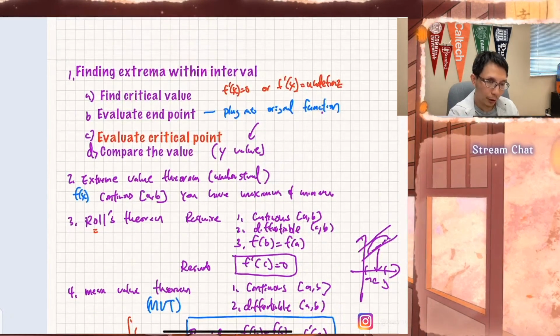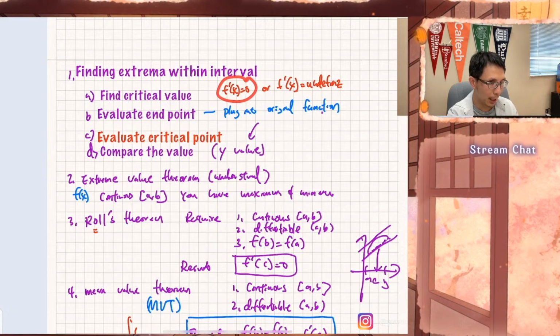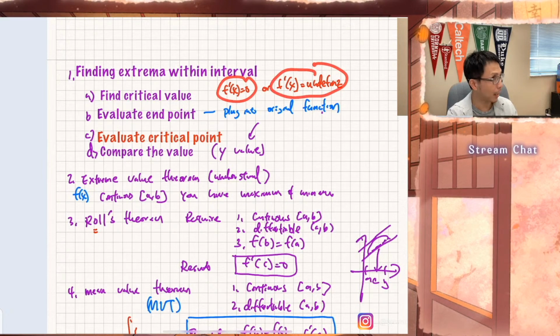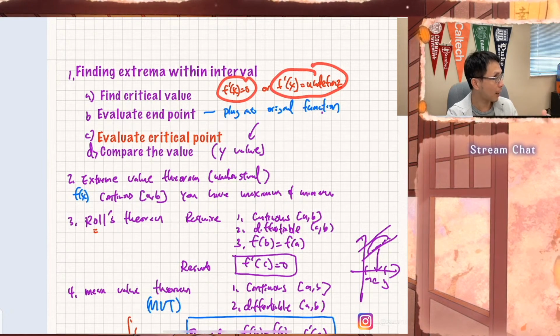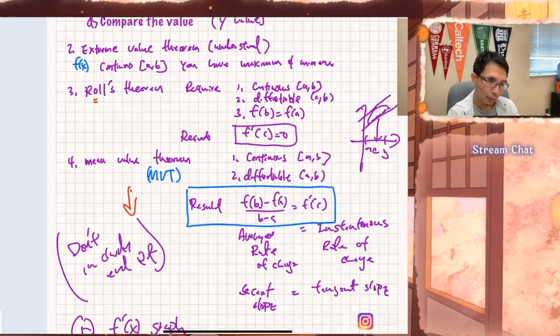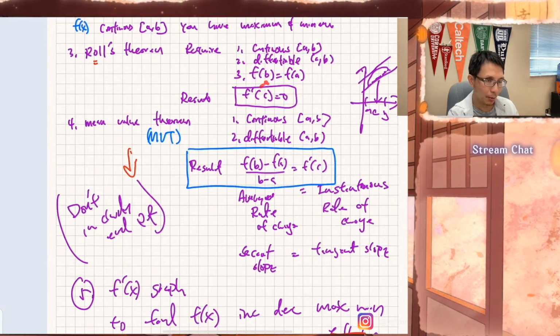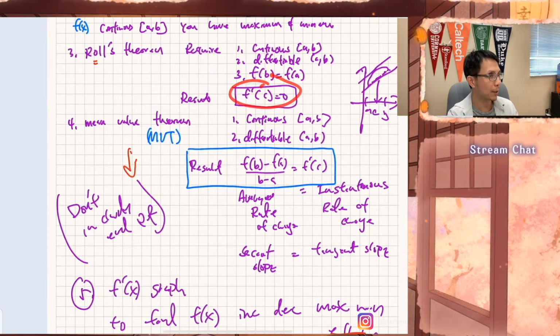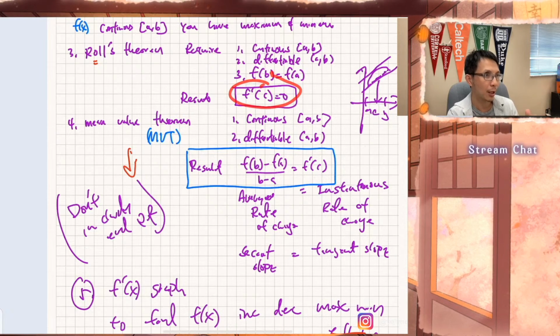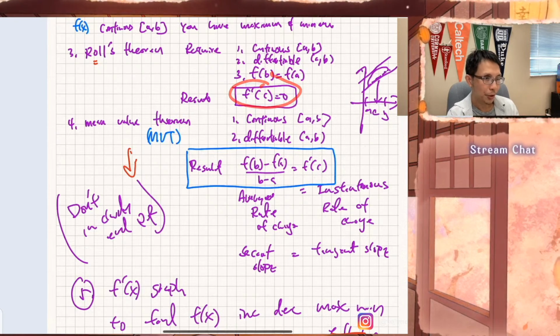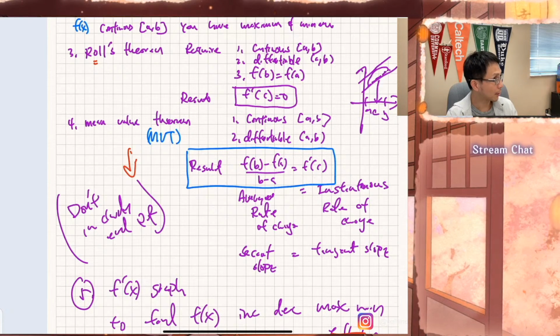So remember, critical value can be F prime of X equal to 0 or F prime of X equal to undefined, which is denominator equal to 0. But in this case, it doesn't. This one is just F prime of C equal to 0. Basically, you have to have a horizontal tangent, not a vertical tangent. So that's to answer that question.